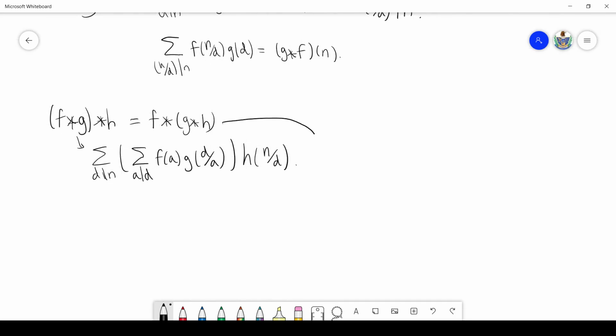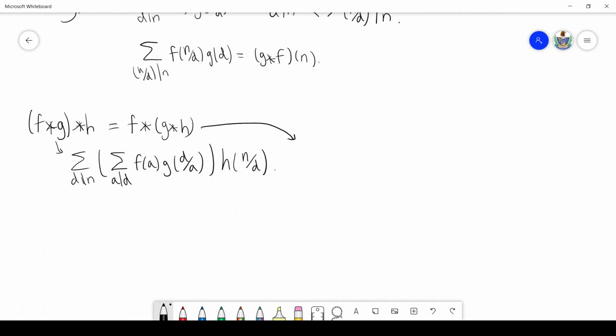Now, if we take this term, in fact, I'm going to write it differently. Instead of starting with f of d, I'm just going to start with f of n over d, which is valid, because it doesn't matter which way I do it.